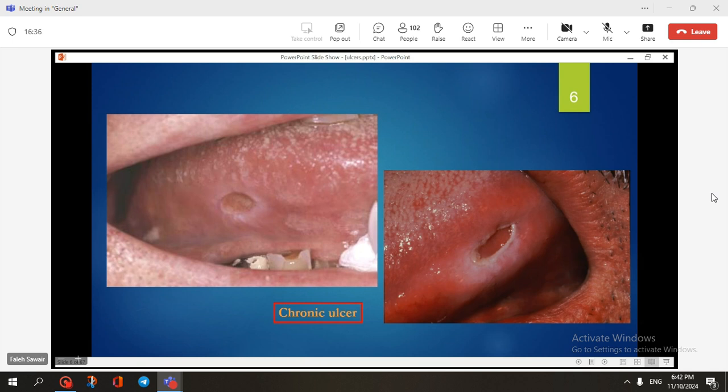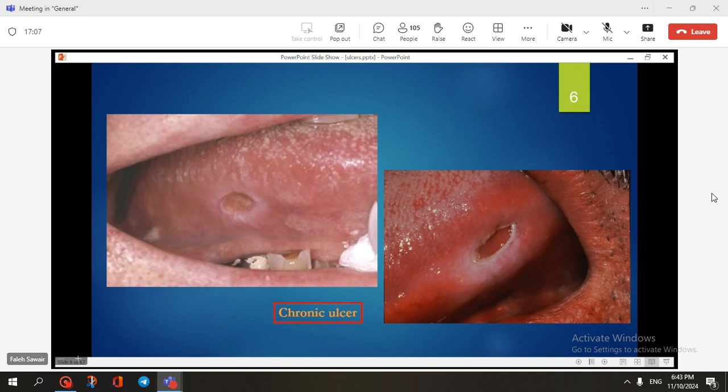Sometimes, if the cause of the ulcer was chronic, you will find whitish areas at the periphery of the ulcer, because if you remember, mild chronic irritation will result in hyperplasia and hyperkeratosis of the epithelium. So in the center, where the trauma is significant, it will cause loss of the tissue, causing ulcer.